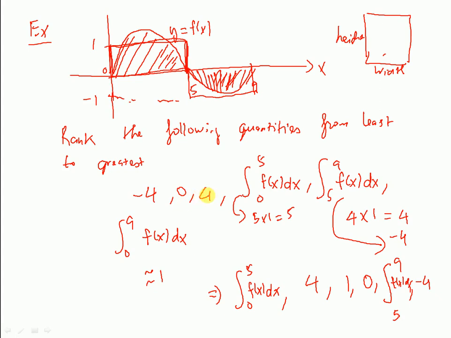And we have 0, 4, so 4 of course is higher, the next highest value after the first one. And this one is 1, so of course it's bigger than 0. So I have 1, or in this case I should write 0 to 9. Sorry, 0 to 9 is a 1, that gives you around 1, and then the next one is 0. So you can use this notation: this one bigger than this one, bigger than this one, bigger than here, and bigger than here.